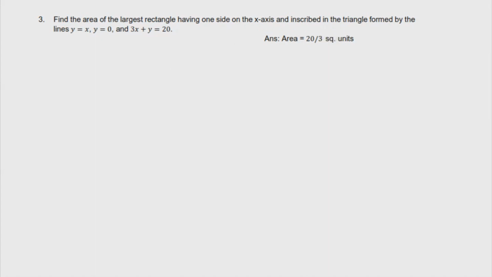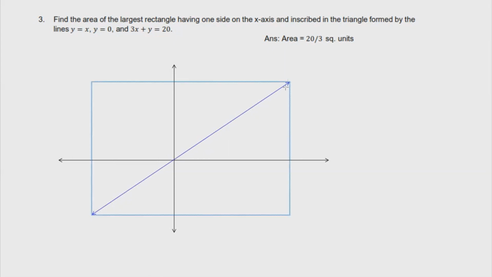To do this, let's first illustrate the problem. We know that we can form three lines from these equations, and y equals x is simply a diagonal line drawn from the center at 45 degrees.